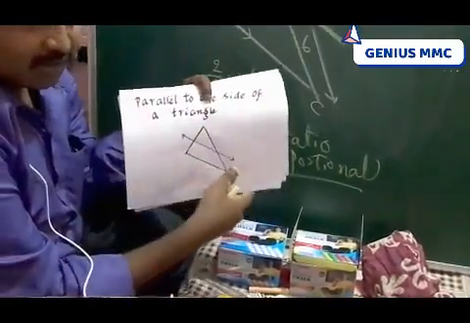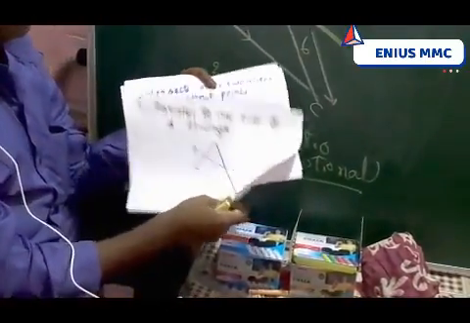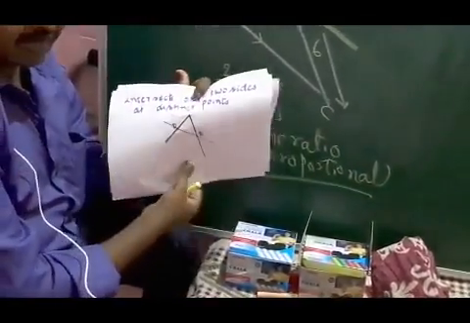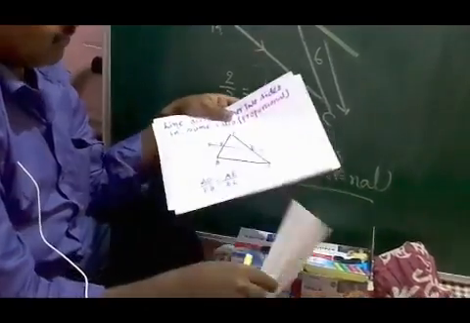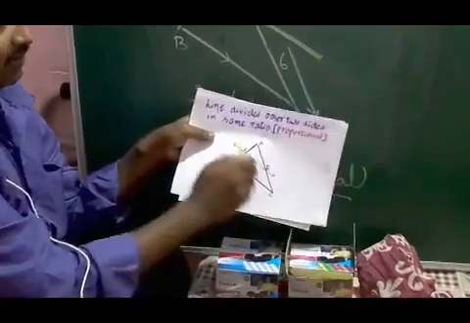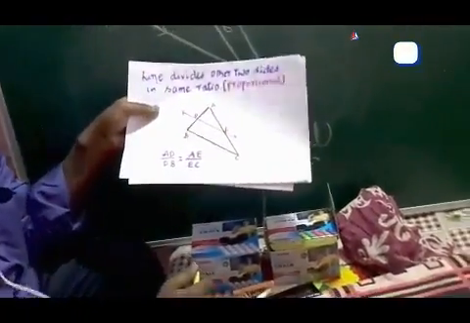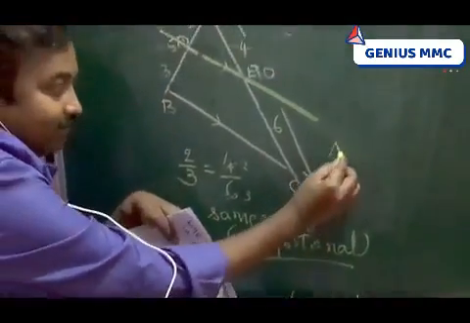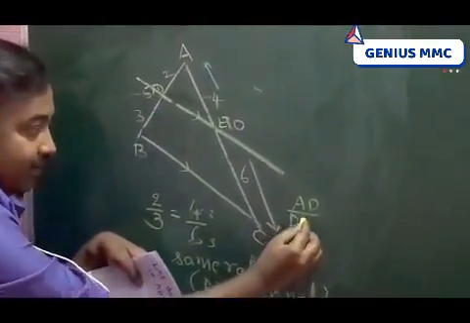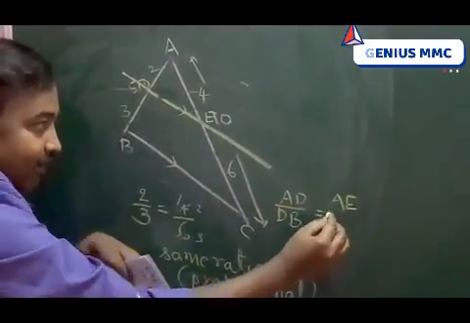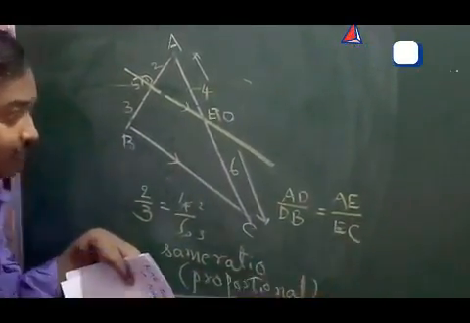Next, after drawing, it intersects at the 2 points D and E. Then what about the other 2 sides? The line divides the other 2 sides in the same ratio, that is called proportional. So that's why we can say AD by DB is equal to AE by EC.